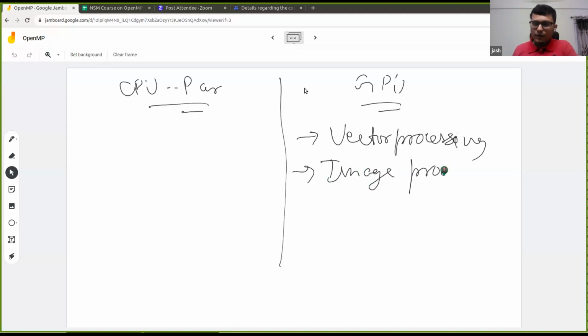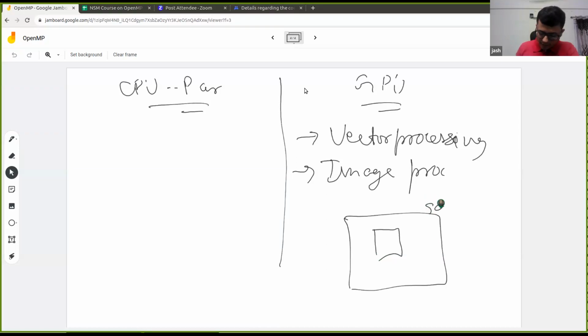In this kind of application, let us pick up the image processing example. You have to do the same operation on a set of pixels, right? You have this screen and you have to perform the same set of operations on particular pixels of the screen. So here you have a lot of data and you have to perform the same operation on that data.